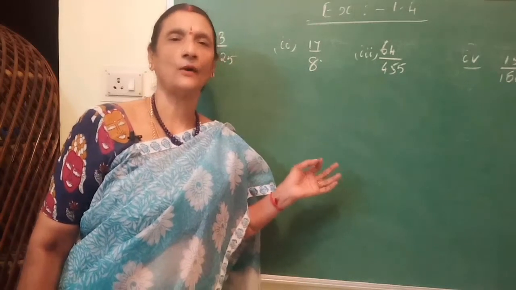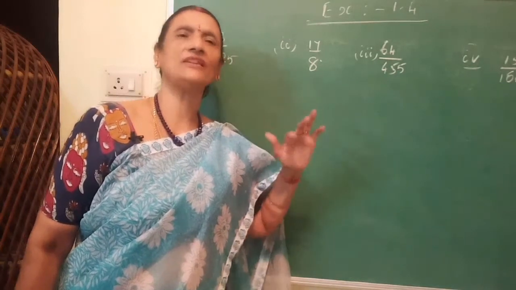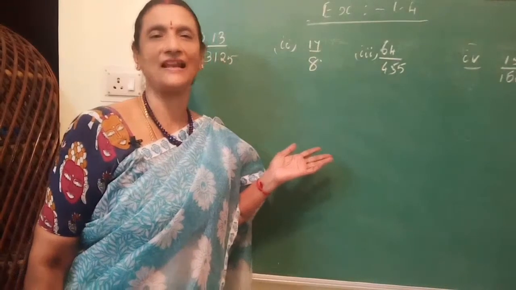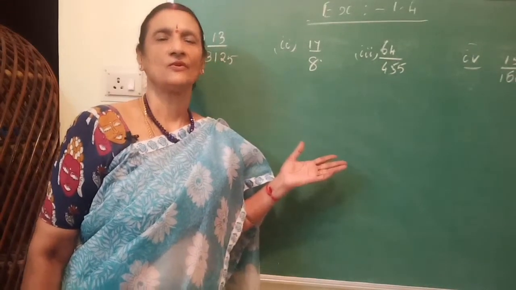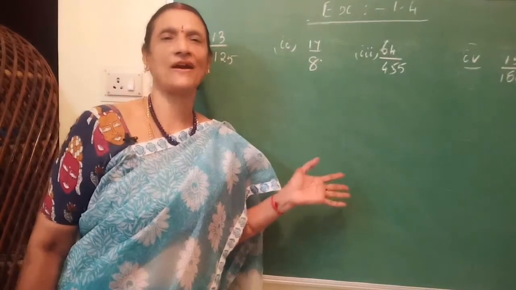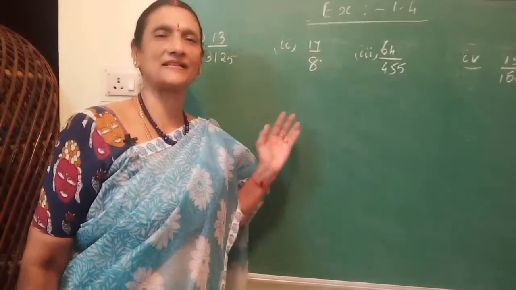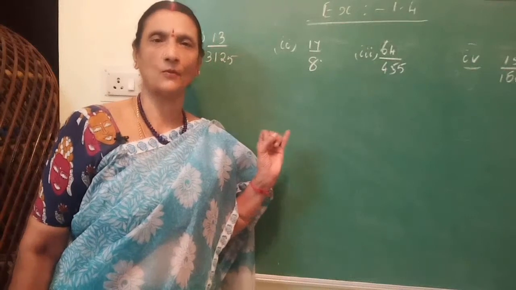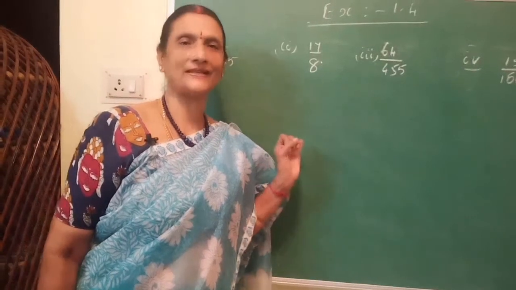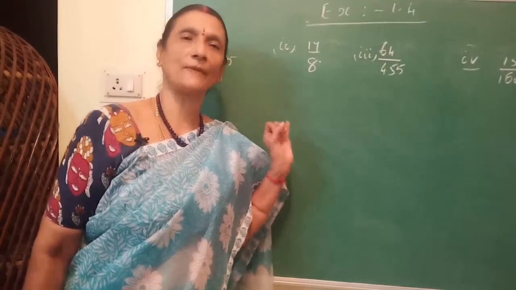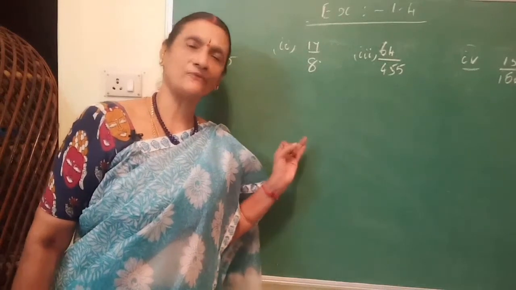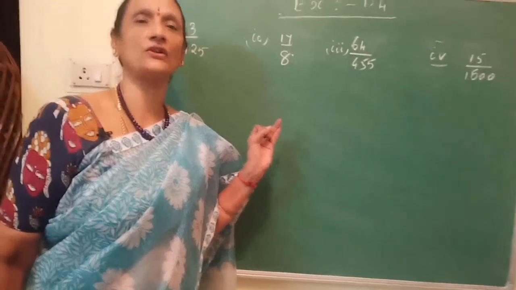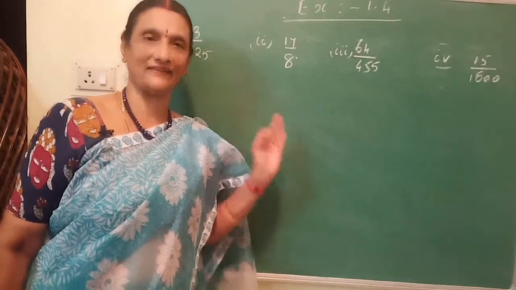Now, continuing with the principles that we saw in the last session, for any fraction, number 1, we first have to express it in the simplified form. Number 2, we have to do the prime factorization of the denominator, and find out how many prime factors there are.